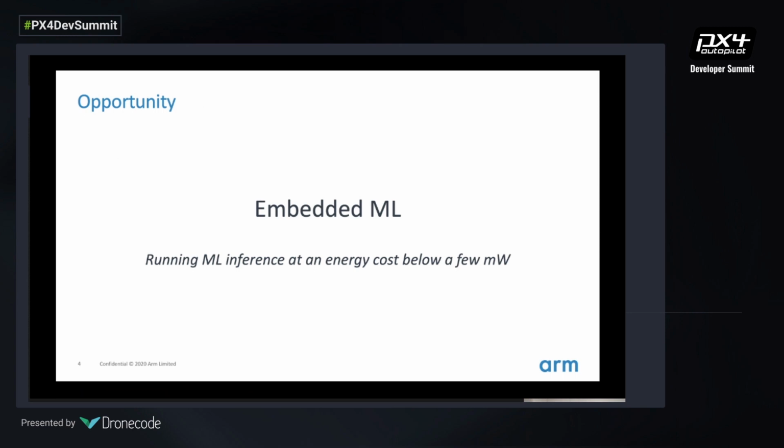One is the training, and for that you need a lot of data, a lot of compute. But then there is also the inference side, that is basically making sense of the data around you and taking actions on it. And that can run very effectively on smaller devices, as we will see today.